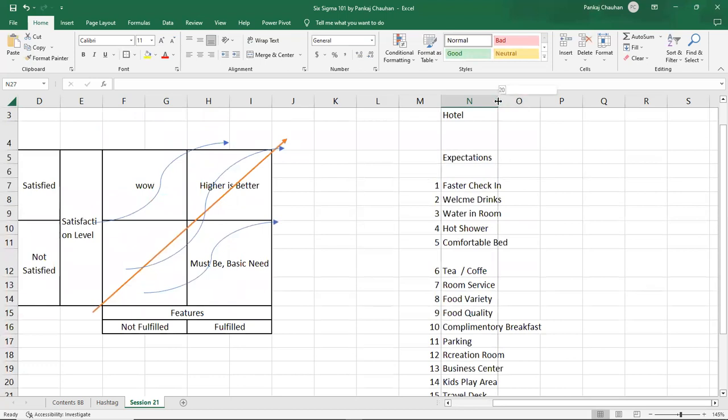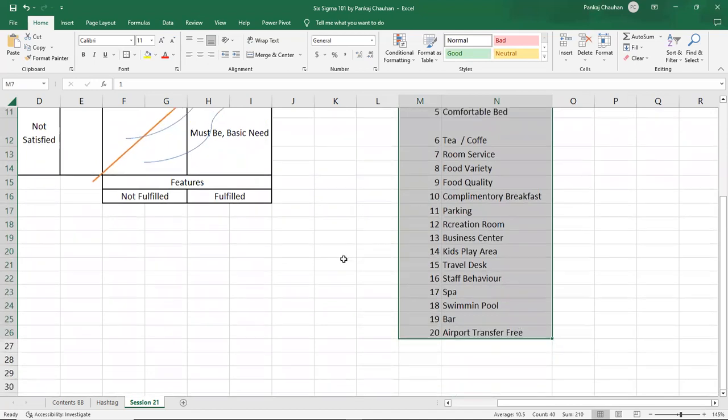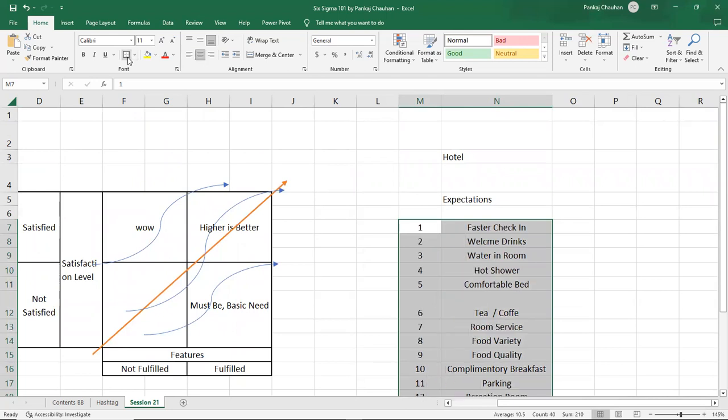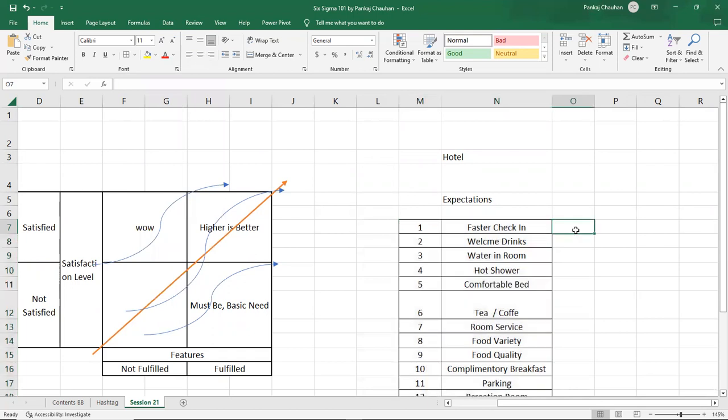You being a customer, you can list down hundreds of requirements when you are looking for a product or service. And here I am taking an example of a hotel. So I just listed down only these basic 20 requirements. I will go with these 20 requirements and create an example of this. So now you being a service provider, or suppose the hotel owner, based on these expectations, what you will do, you will categorize into three categories.